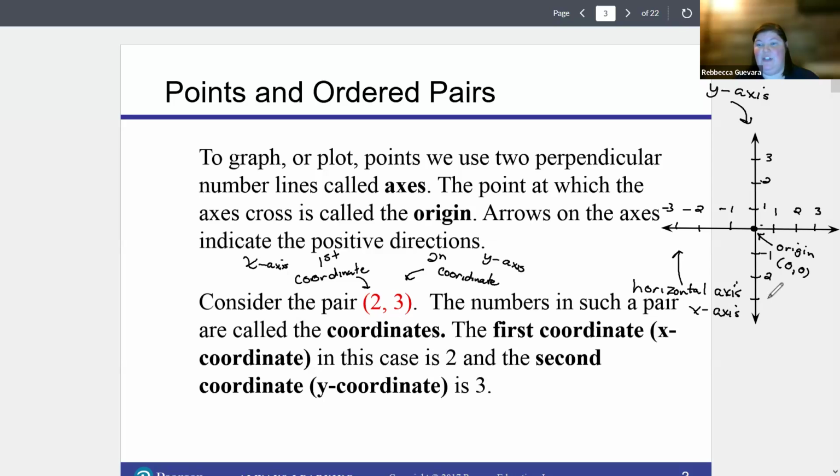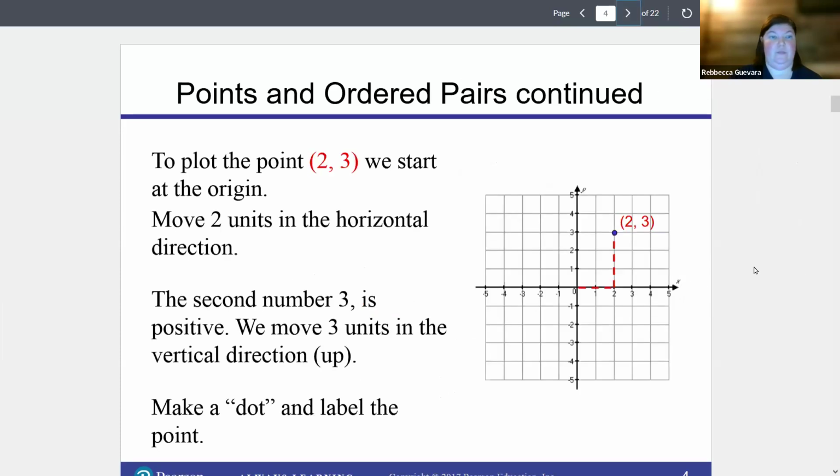So really what your axes are is just two number lines. So what this is telling me is that this point has x at 2, y at 3, and it should be here.